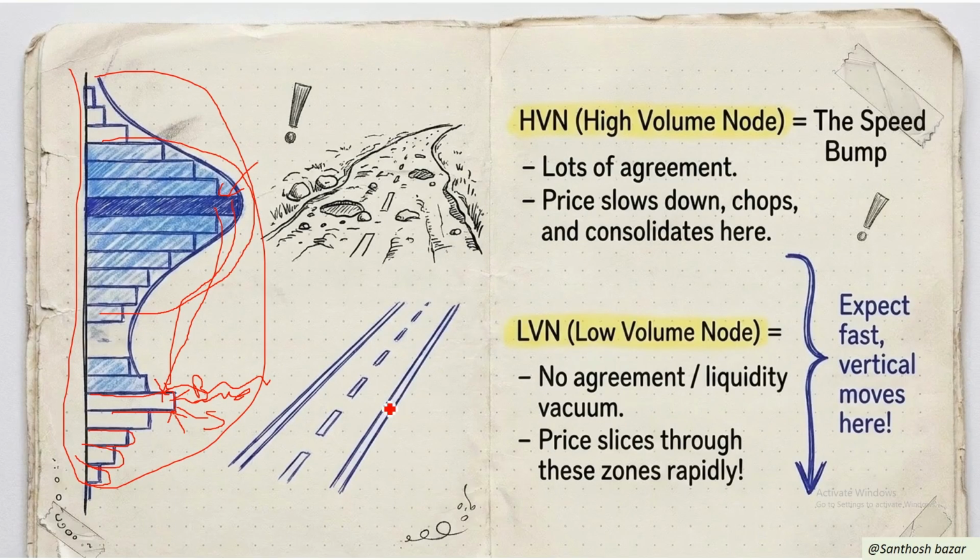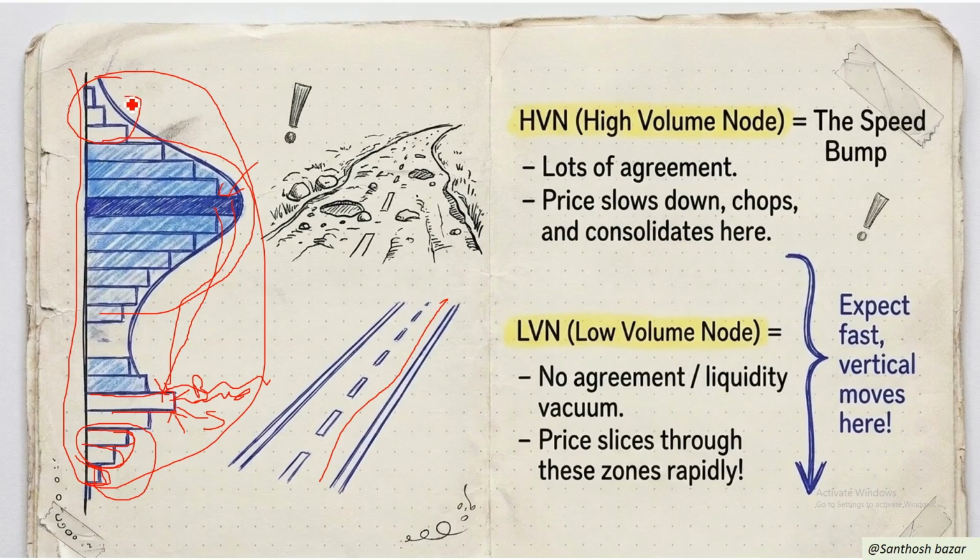What is LVN? LVN is like a highway. It is like low volume nodes. LVNs are the deep valleys on our profile where little volume is traded. It represents a liquidity vacuum because there was almost no agreement on price between buyers and sellers in these low volume nodes.